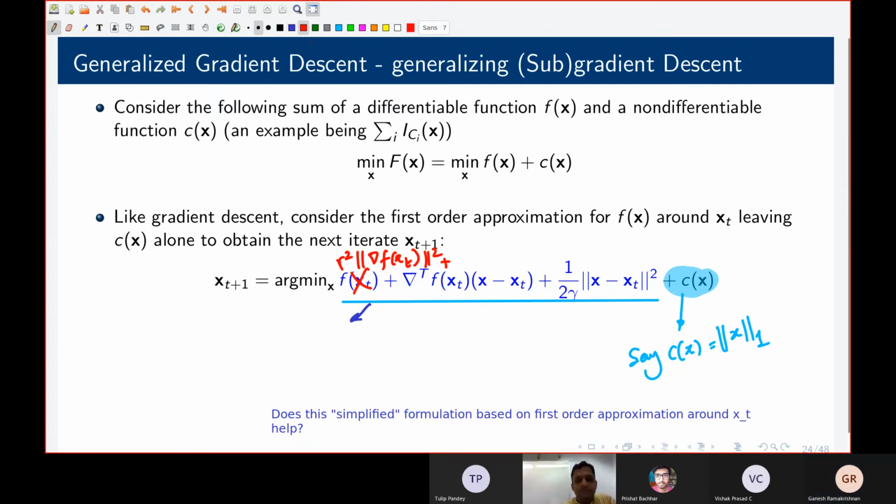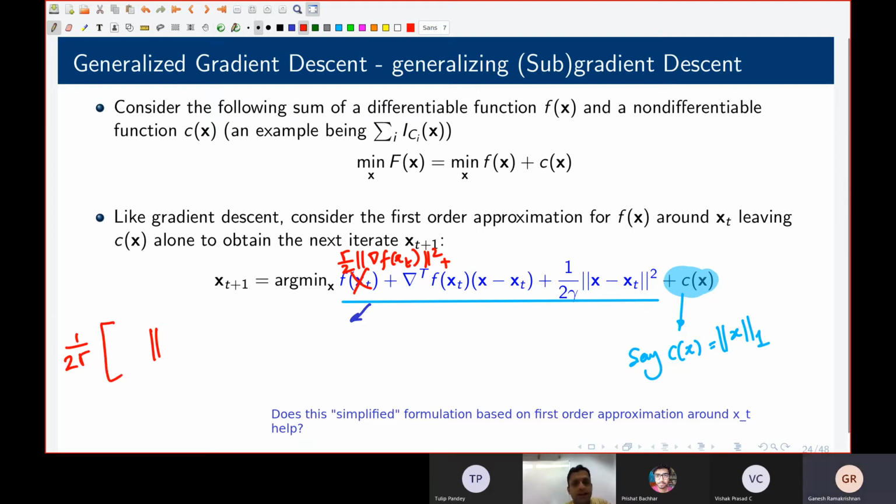What happens? What do you get? x minus gamma by 2 times. Oh, gamma square by 2. Only gamma by 2, not square. Yeah, because there's already 1 upon 2 gamma here. Okay, so let's try doing this. Let's say I take 1 upon 2 gamma outside.